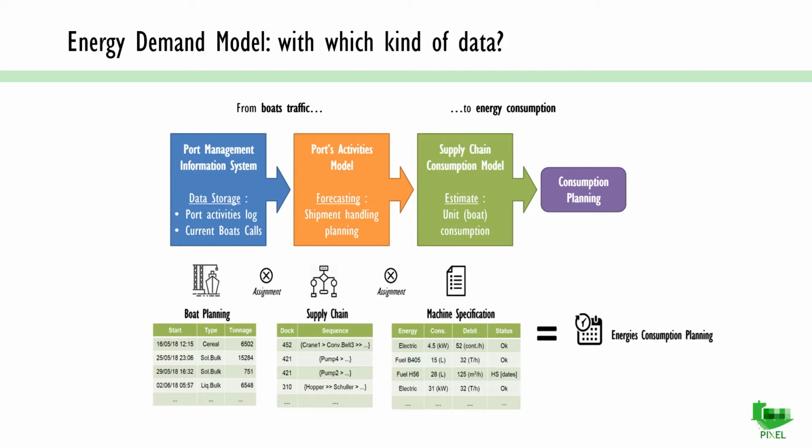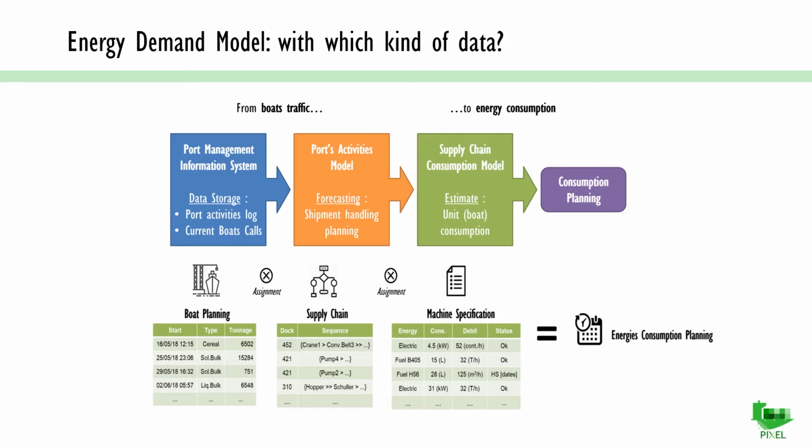To briefly sum up port activities, there are only 2 types: cargo in and cargo out, these cargoes being loaded or unloaded from different vessels. Therefore, vessels call are the first data we need for the energy model. The second type of required data is the description of supply chain associated with a specific cargo and the engine specification.